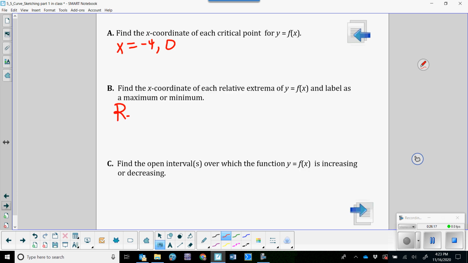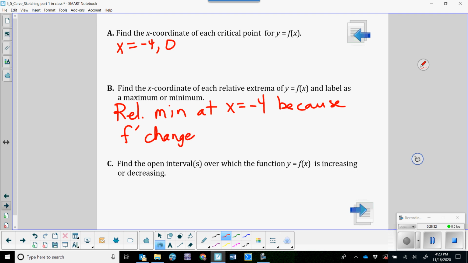So you're going to have a relative min at x equals -4 because f prime changes from negative to positive.